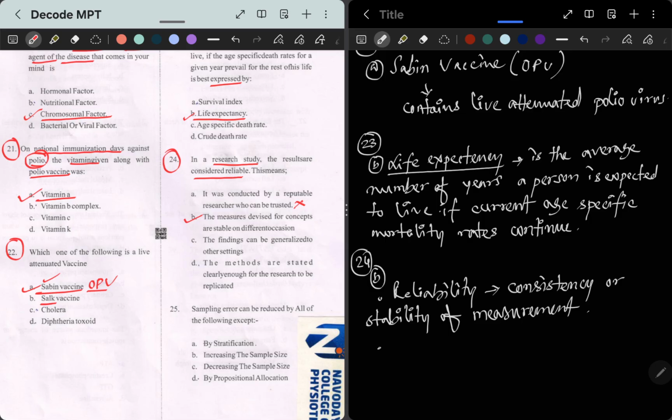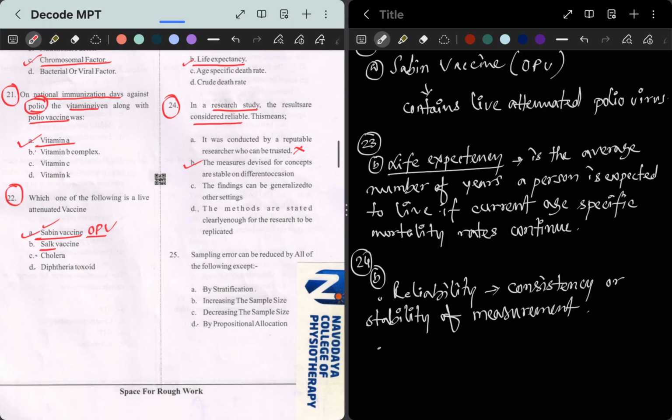A reliable tool gives similar results on repeated testing under similar conditions. So the answer will be reliability.